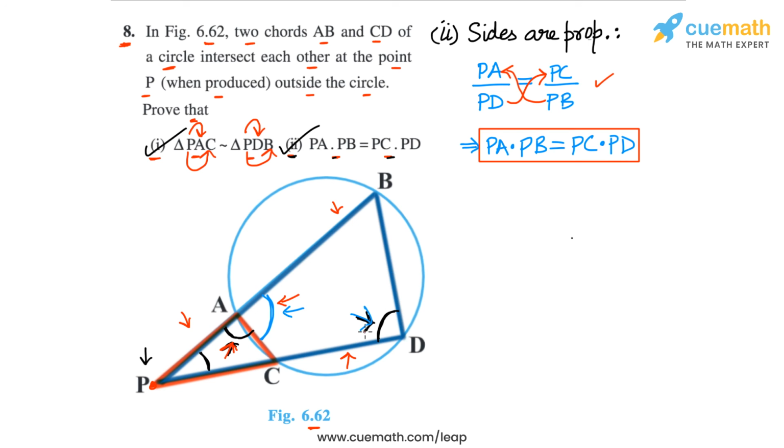So this result is actually a very important result from the topic of circles, and it applies to any two secants drawn from an external point to a circle. Okay, so with this we have completed question number 8.